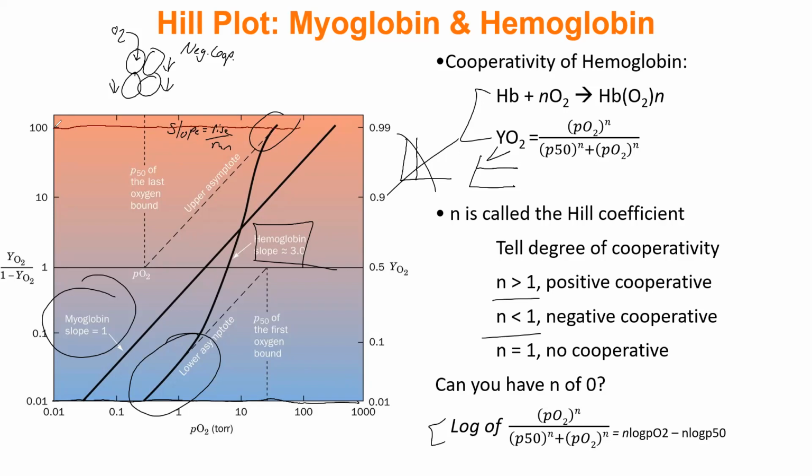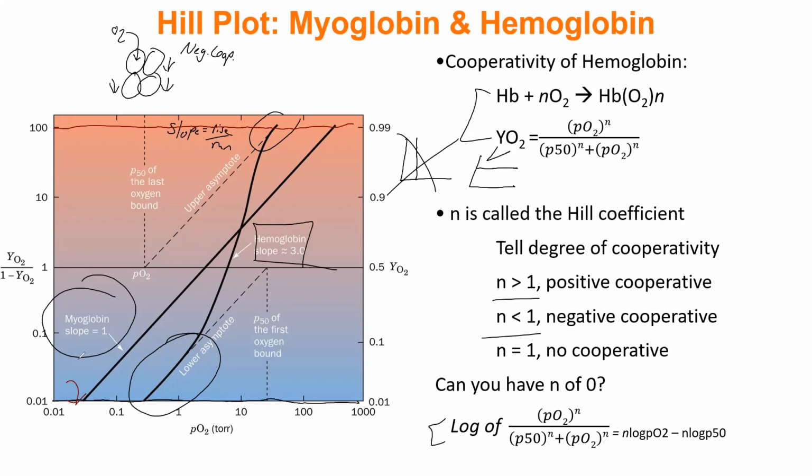Those are pretty much your only two possibilities. It would either be all 0 or all 100. And what that tells us, if it's down here, that means no matter how much ligand you have, your protein would never bind that ligand, which isn't that interesting to us.